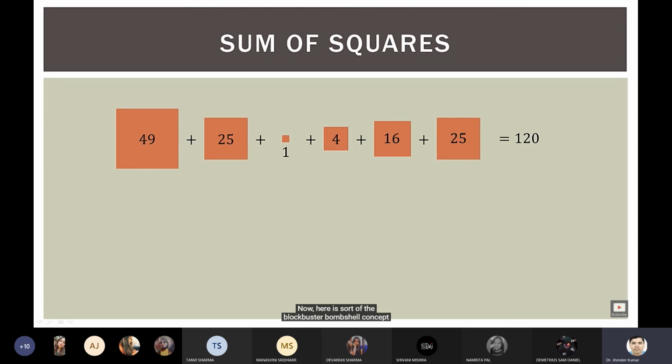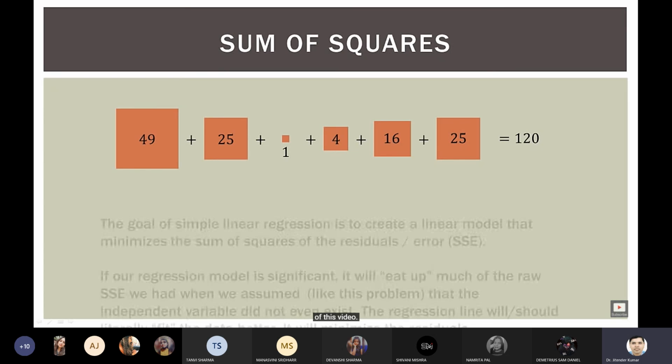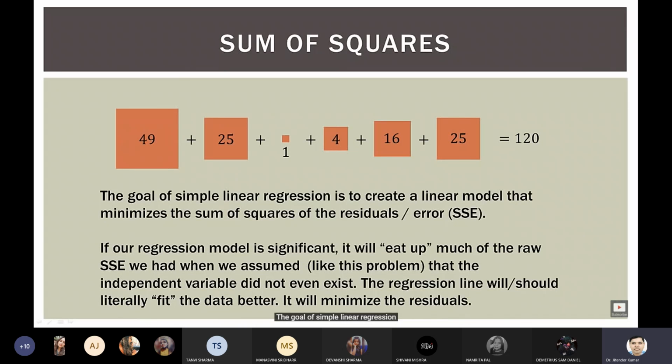Now, here is sort of the blockbuster bombshell concept of this video. The goal of simple linear regression is to create a linear model that minimizes the sum of squares of the residuals, same thing as the sum of squares of the error.